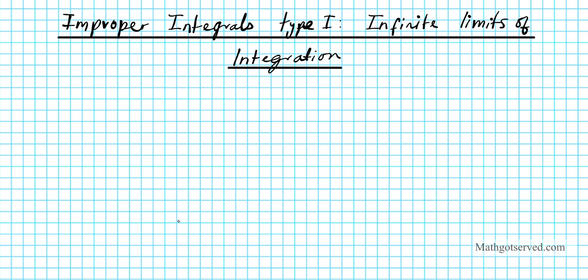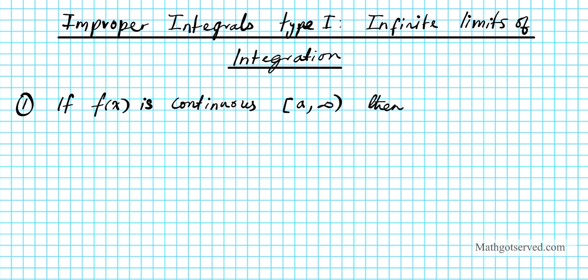All right, so let's write down the cases. So number one, if f of x is continuous on an interval a to infinity. So in this case, the lower limit or the left bound is finite, but the upper bound is infinite.